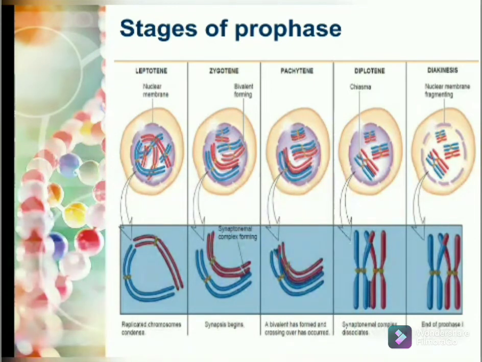In pachytene, the third stage, a bivalent has formed and crossing over has occurred. In the fourth, diplotene, the synaptonemal complex dissociates. And in the last, diakinesis, it is the end of prophase 1.